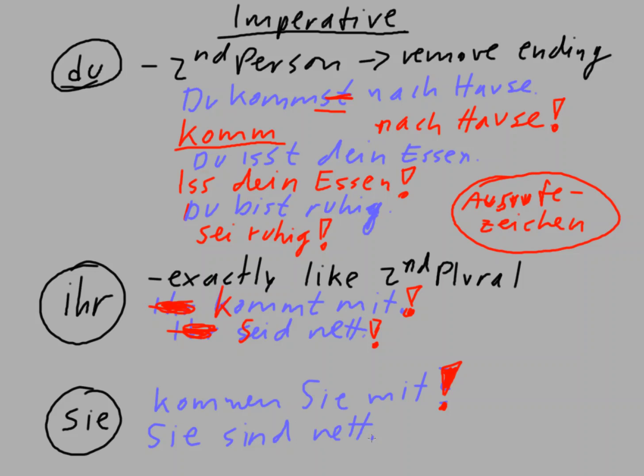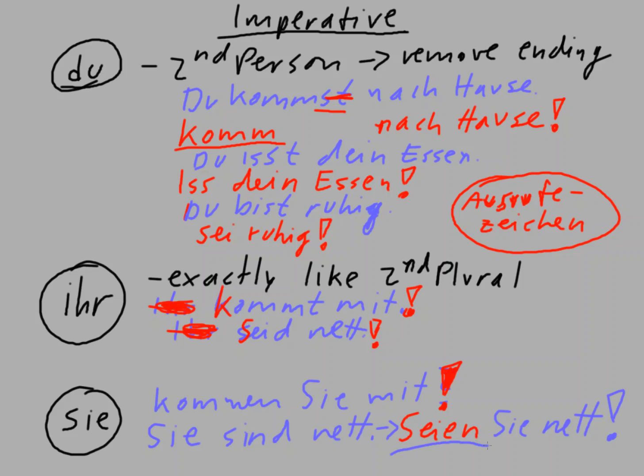Now what happens here is, because it's to be, it's always doing weird stuff, so it does weird stuff here too. Seien Sie nett. Our formal imperative form of to be is seien. Go figure, that's just how it is.